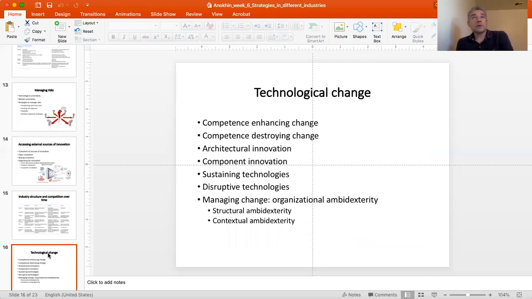With respect to technological change, initially again it's very frequent. Not all of it is good for the companies. In the most basic sense, some technical changes are competence enhancing. They enable you to increase your technological advancement, and they increase the value of your capabilities and your technological portfolio.